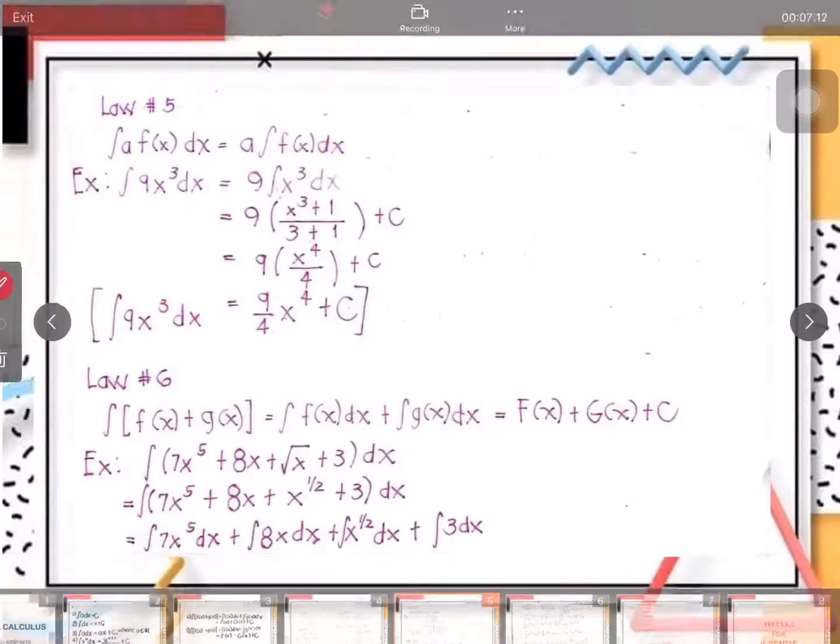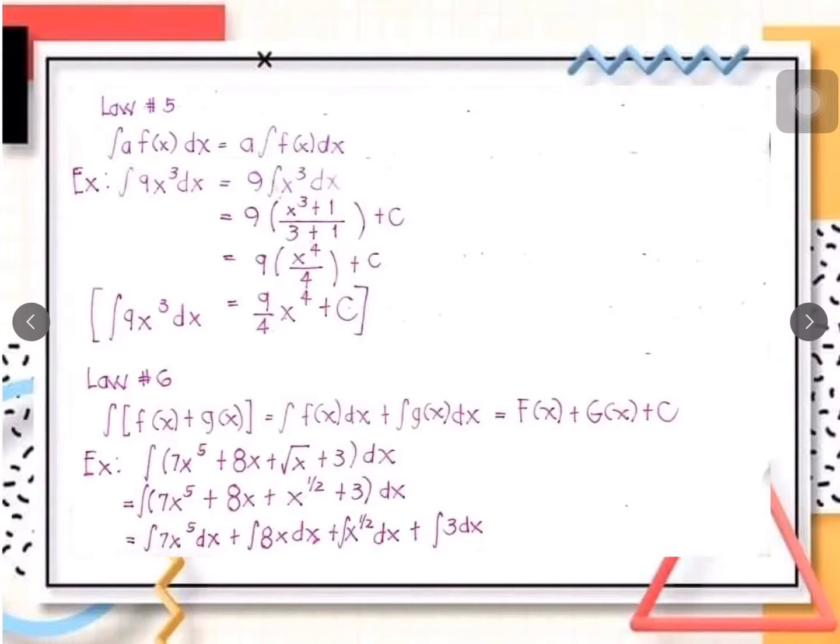Next, using law number 5, if we integrate our constant times f of x dx, then we take out the constant, then integrate f of x dx. In our example here, if we integrate 9x to the third dx, we take out the 9, then integrate x to the third dx.